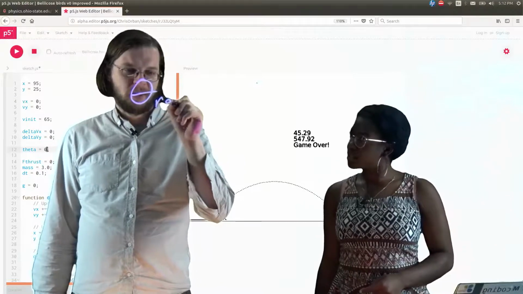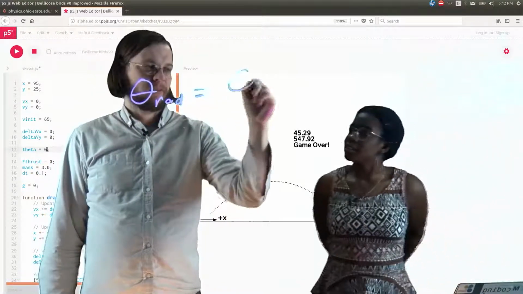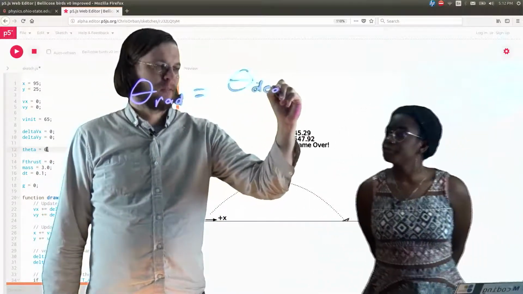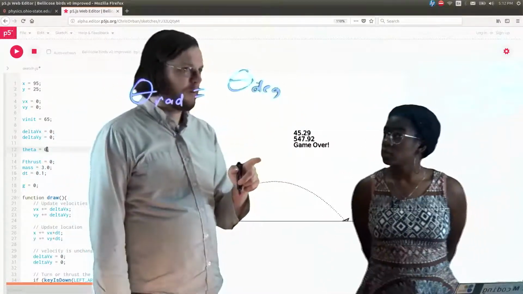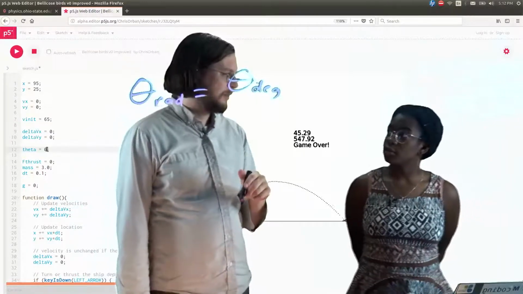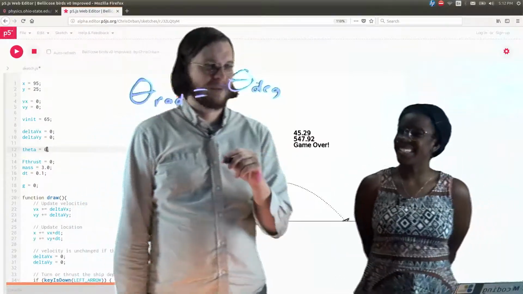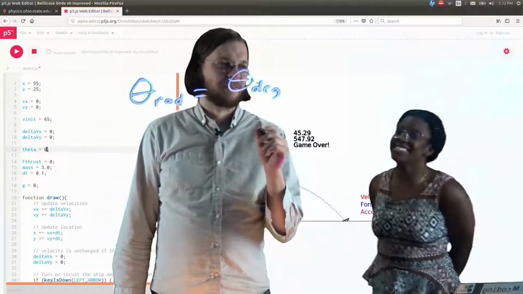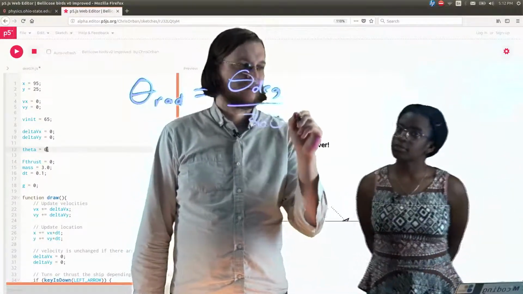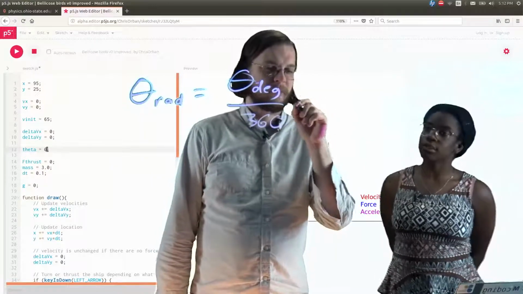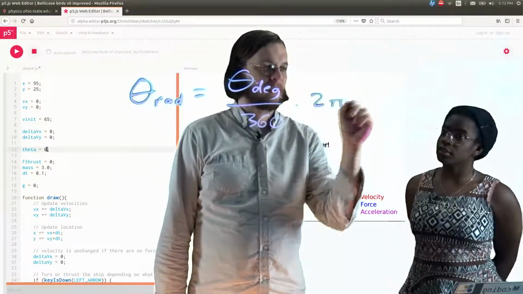If we have theta in degrees, 360 degrees, how many radians is that? 2 pi. Good memory. So the degrees divided by 360 is how many rotations we have in a circle, times 2 pi.